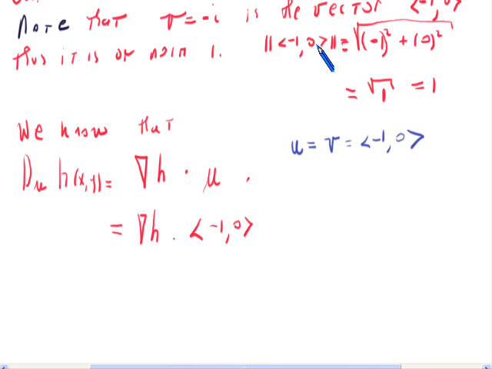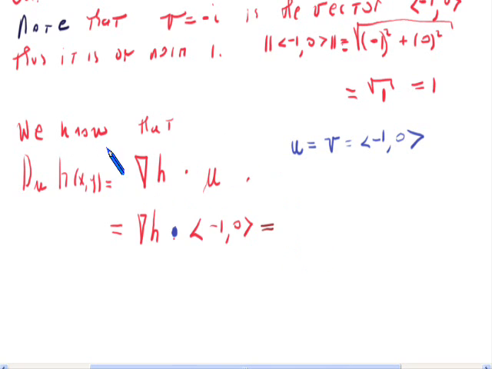All right, so let's find the gradient of this function h of x, y, and this, of course, is really a dot product. So this is equal then to the gradient of h.